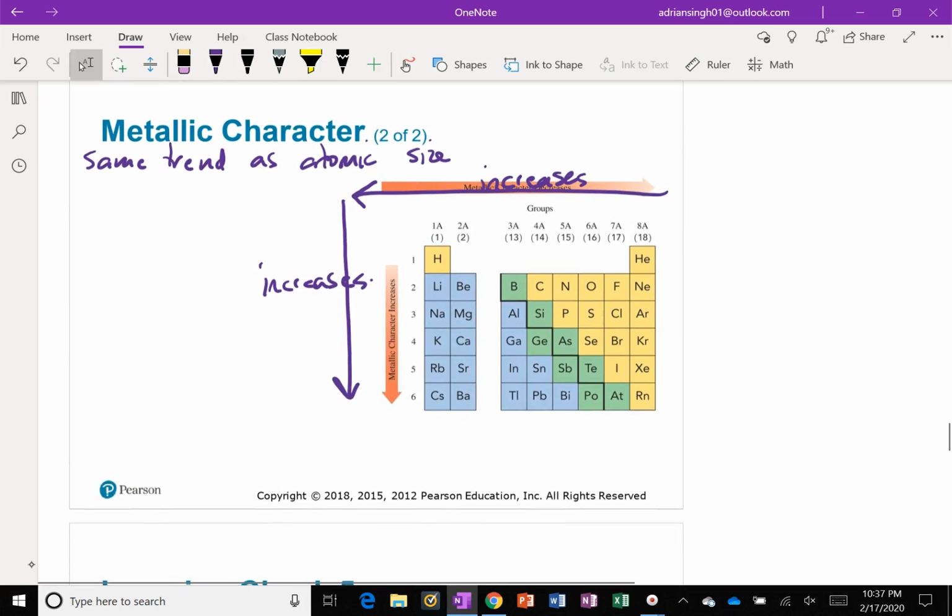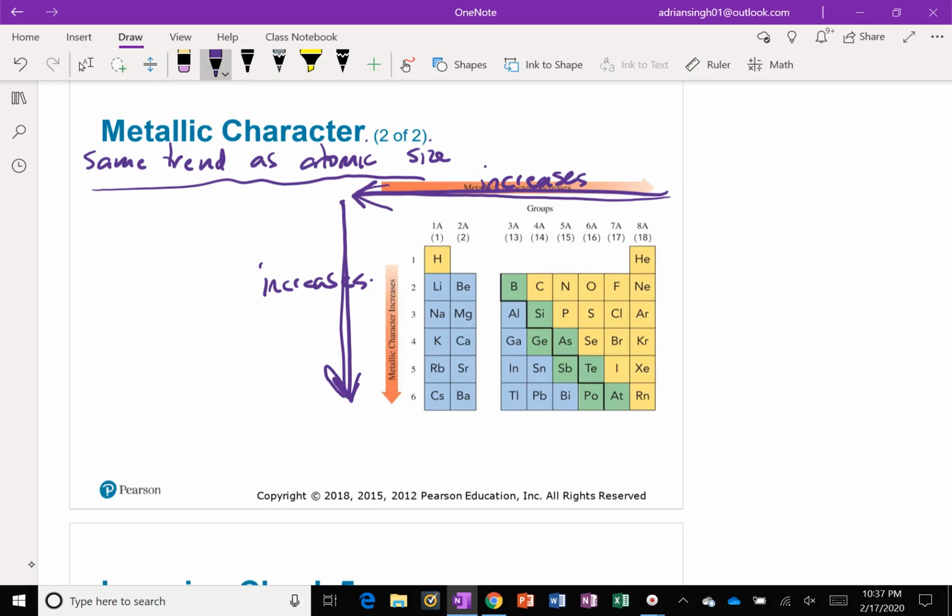And what we're going to see is that the trend in metallic character is the same trend as the trend in atomic size, meaning that metallic character increases from right to left across the period and from top to bottom, right? And that should make sense because we said at the very beginning of the chapter that metals are typically found on the left side of the periodic table.